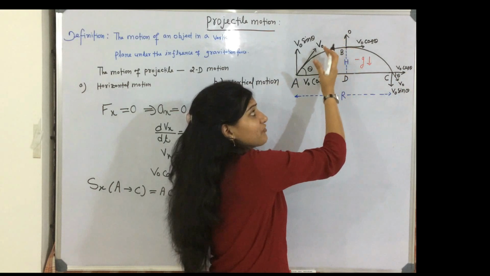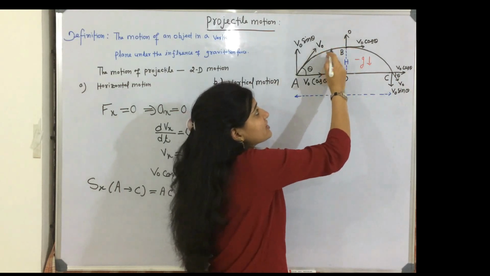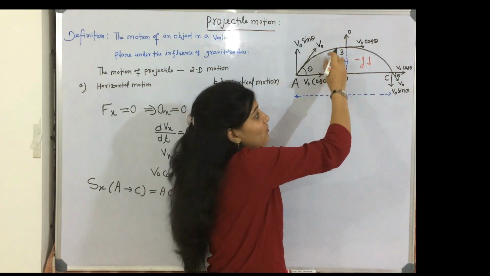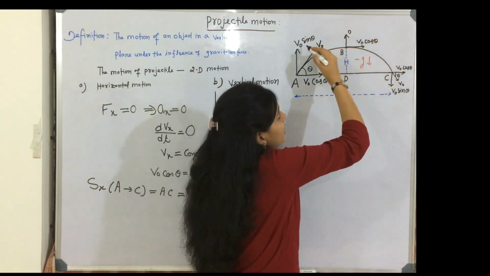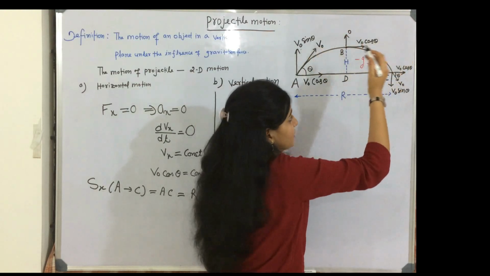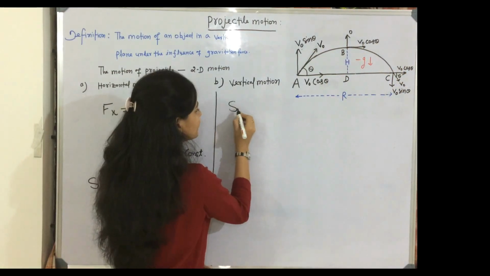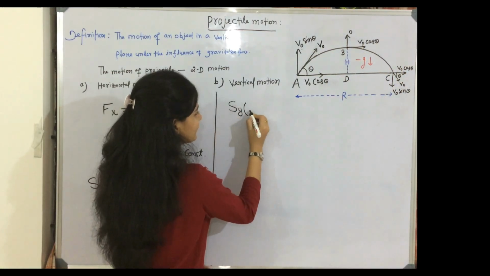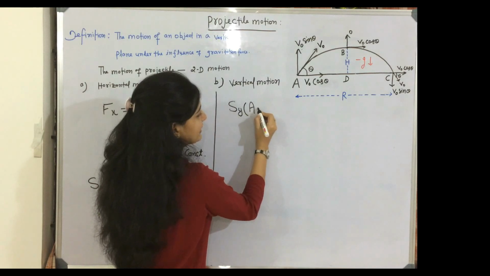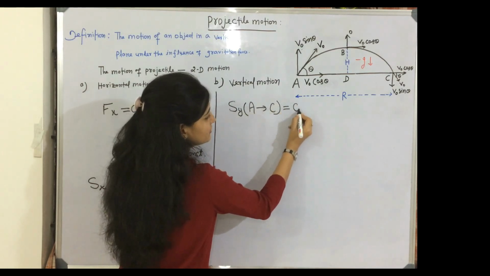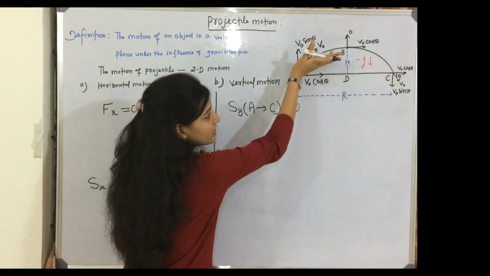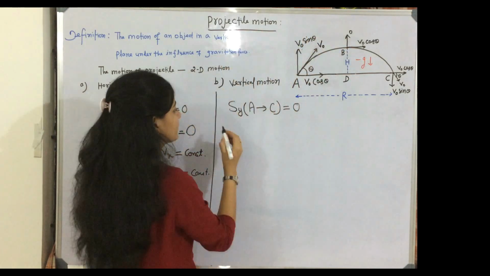In the first half of the trajectory, gravity will oppose the motion, while in the second part, it will support the vertical component of the velocity. The total displacement in the y direction, from initial point A to final point C, is 0. There is no displacement in the y direction.